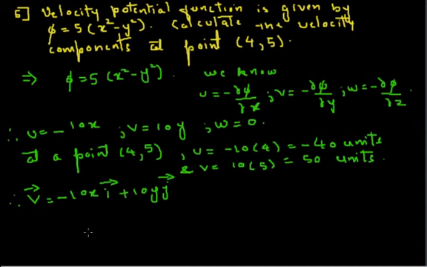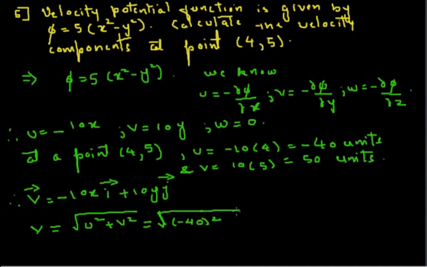Also, you can write the magnitude of the velocity vector V at point (4, 5) as under root of u square plus v square, that is equal to under root of (minus 40) square plus 50 square, that is equal to 64.03 units.